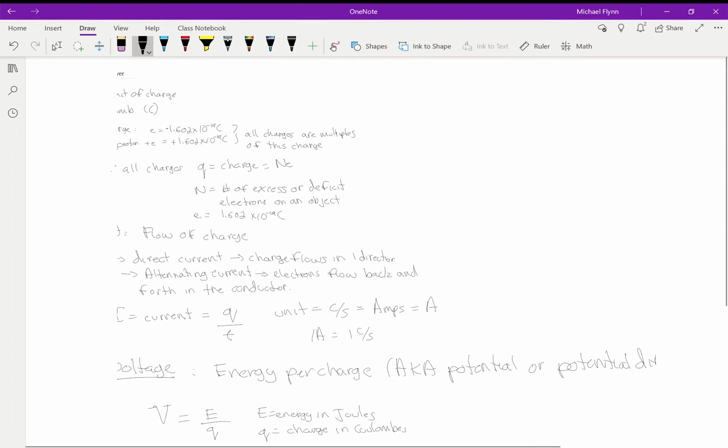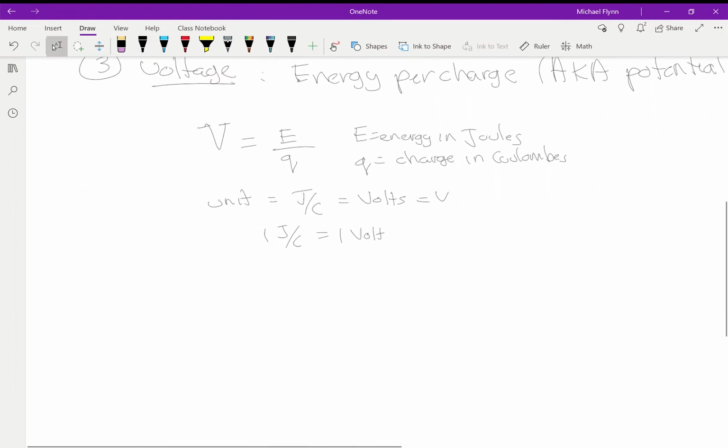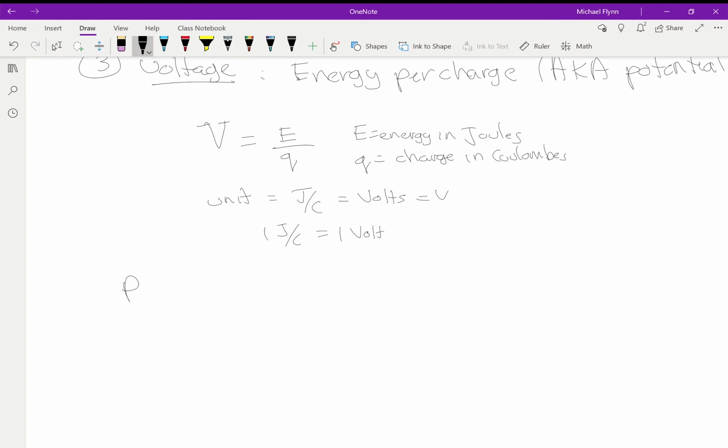Just got one left on our list at the top, power. Now power we've already seen. Number 4, power. So power, we already know what power is. Power is the rate that energy is being transformed, or its work over time, or change in energy.